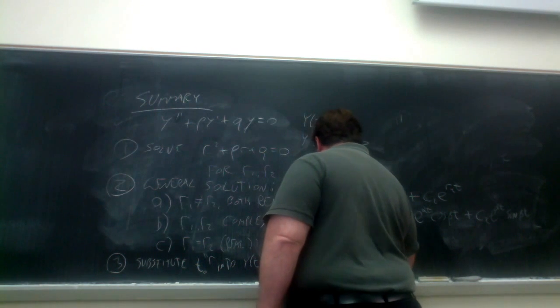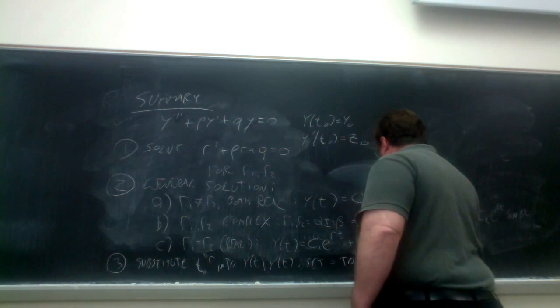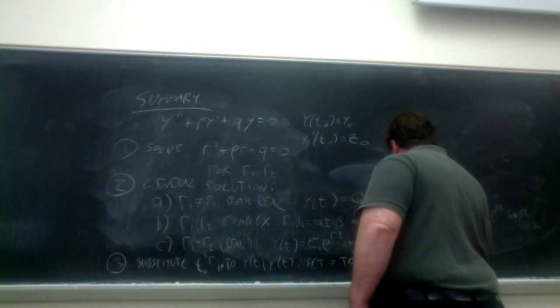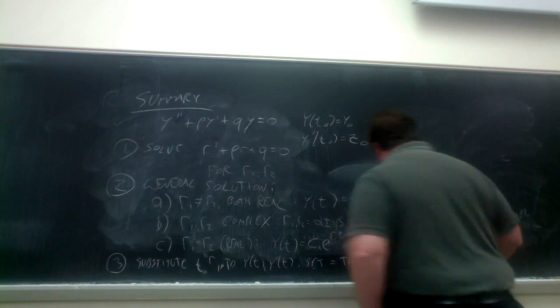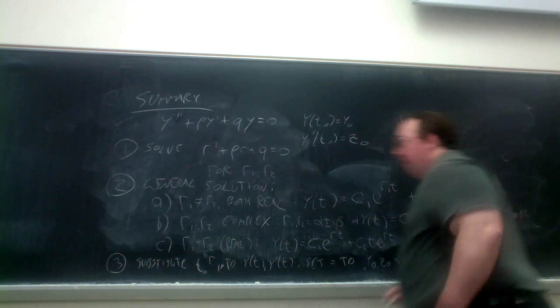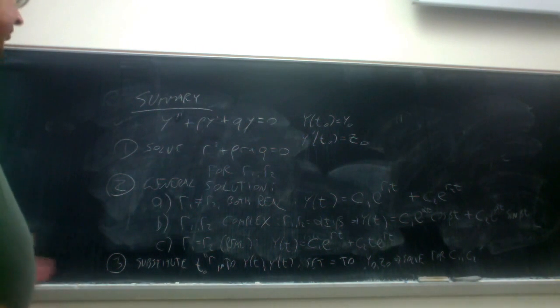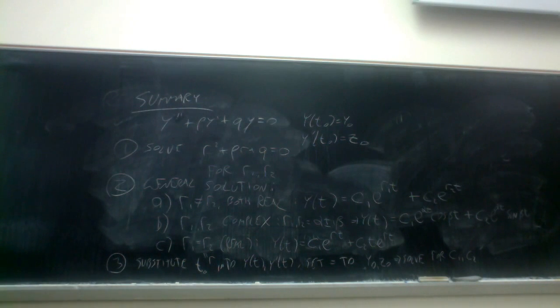And you set those two, y of t naught and y prime of t naught, equal to the given initial values, y naught and z naught. That gives you a system of two linear equations and two unknowns, C1 and C2. Go ahead and do the elimination and substitution necessary to solve for them. And that's it. You've solved your initial value problem.